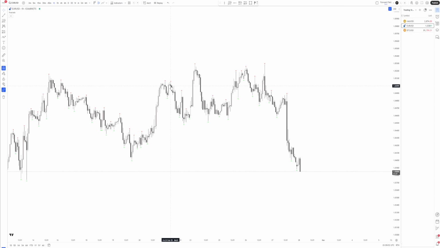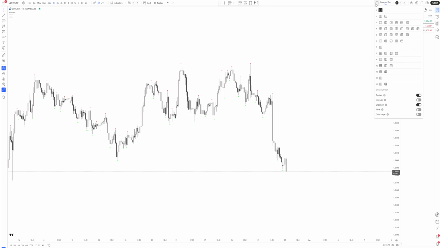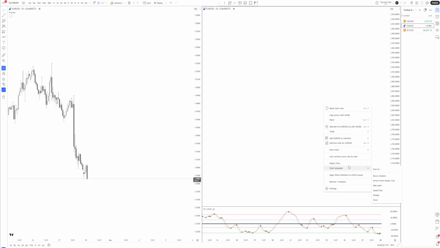We're going to be starting with Euro USD, and what we will do is split screen, come over to this little tab here and select number 2. Let's get rid of any forms of indicator on the layout itself.